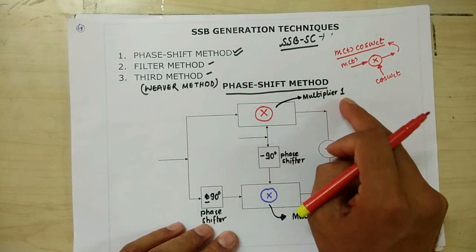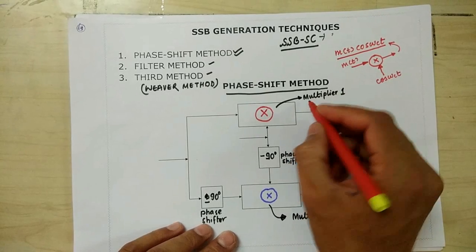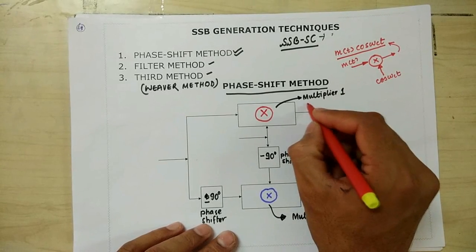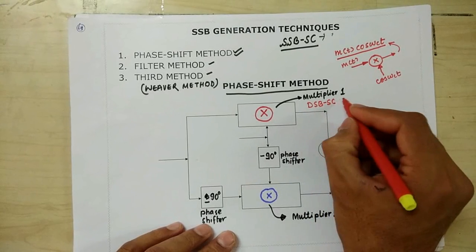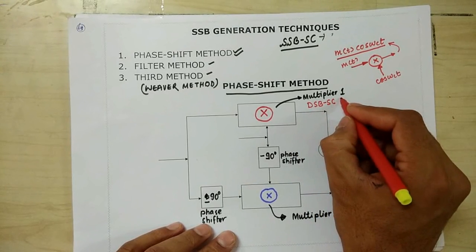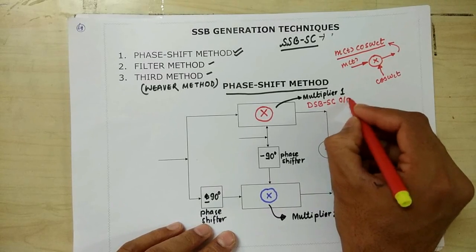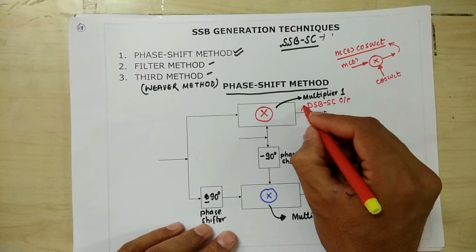So this multiplier 1 output we can also call the DSB-SC output.